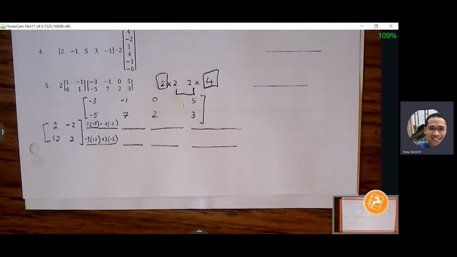Go ahead and fill out the rest of those spaces, clean those up, and you should end up with a 2 by 4 matrix.